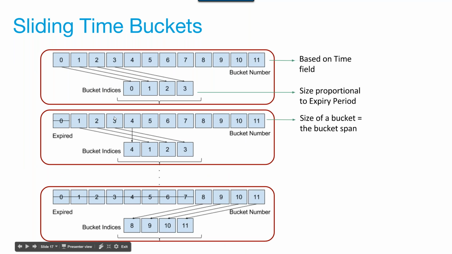Now here, see, it's sliding time buckets. These time buckets depend on two configuration parameters. One is the bucket span time and the other is the expiry period.